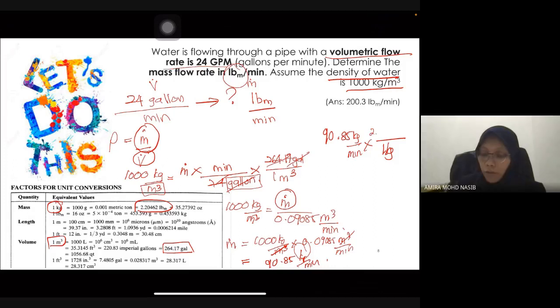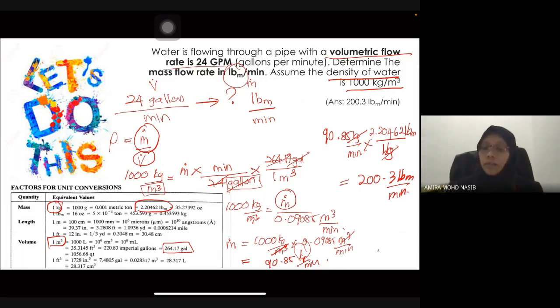So basically for the few weeks at the beginning, we just learn how to convert all those units. Okay, it may seem easy but a bit confusing. So you do your own calculation, you will get 200.3 pound mass per minute.